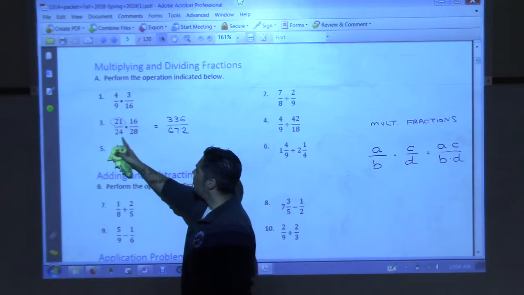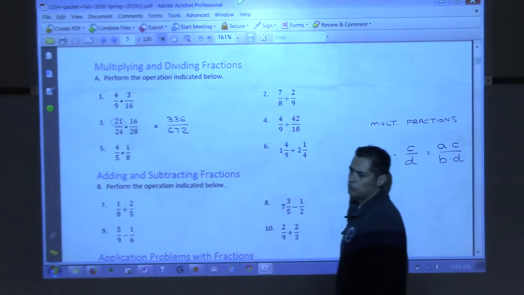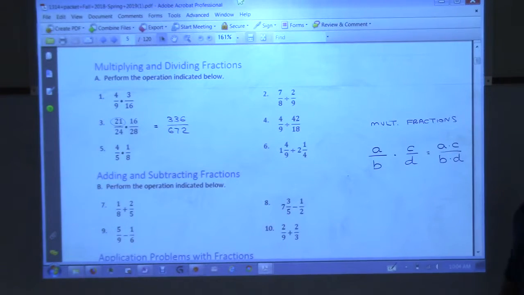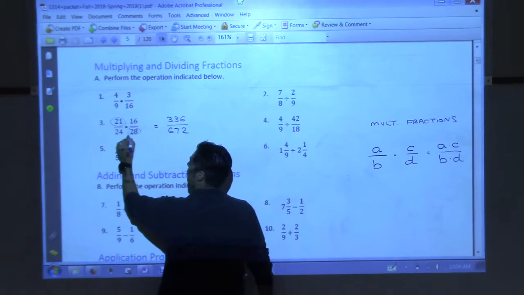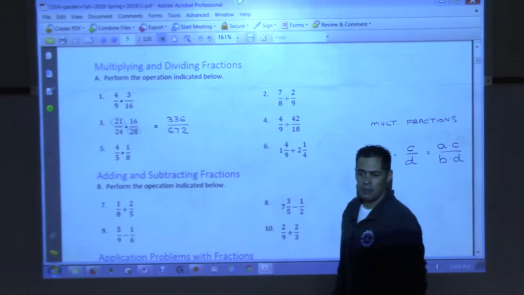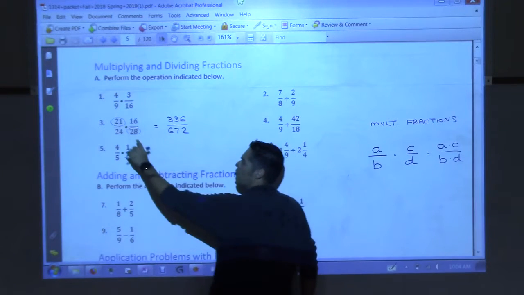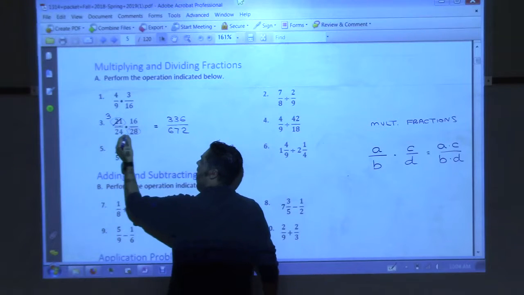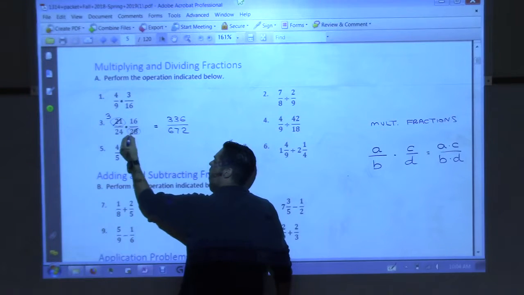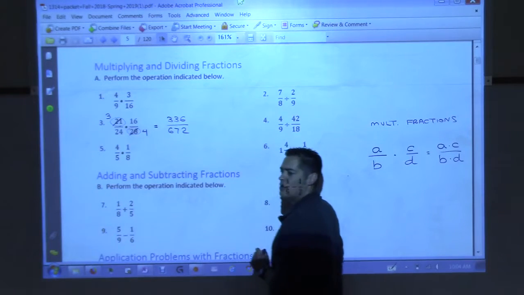Do 3 or 7 go into any of those? 28? What goes into 28? 7 does, right? So 7 goes into both of these two numbers. 7 goes into 21 3 times, and 7 goes into 28 4 times, right?